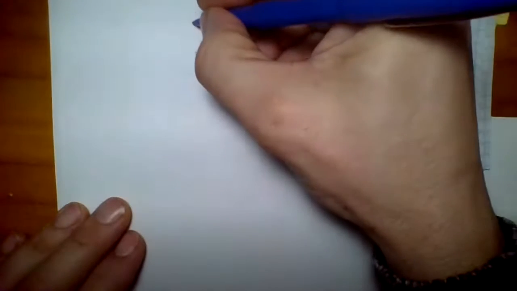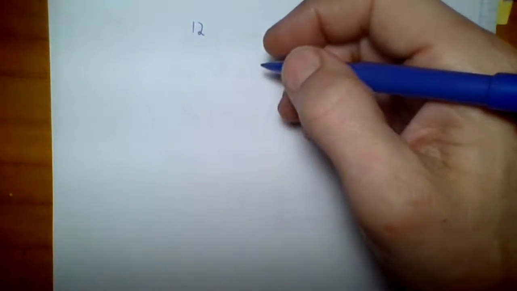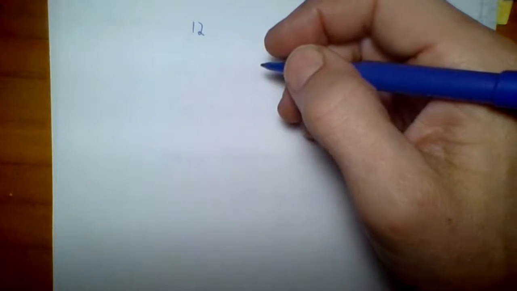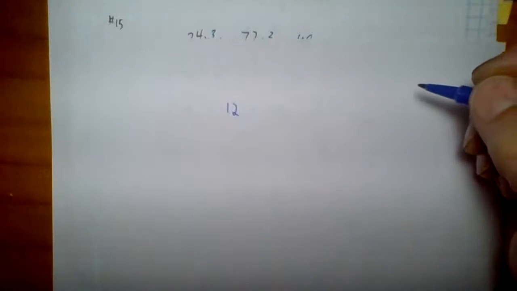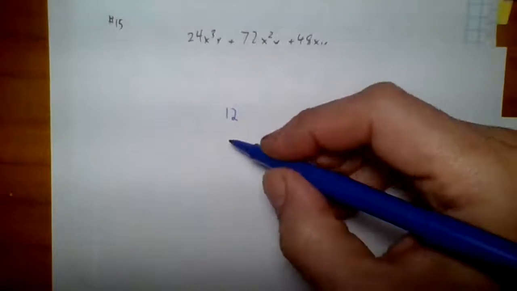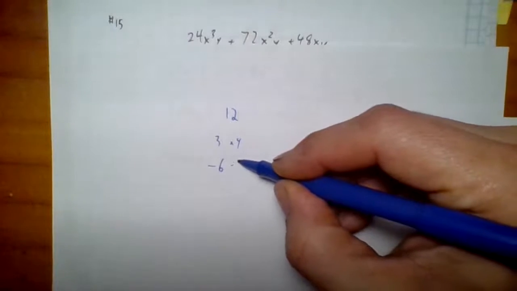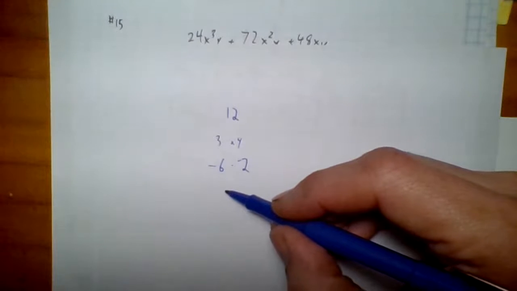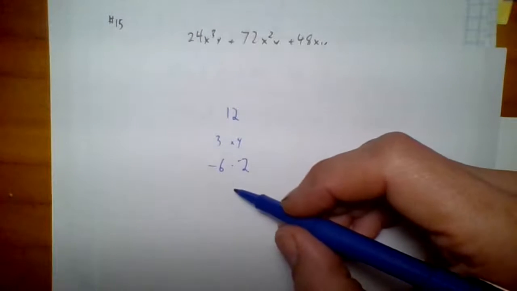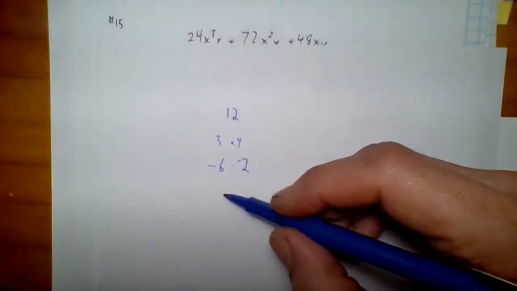So I want you to notice something about factors. If I have the number 12, we've been looking at things that multiply to a number, or factors of a number. Lots of ways to multiply to 12. It could be 3 times 4, or negative 6 times negative 2, or, if I allow decimals or fractions, I could have a lot of different ways of doing that.